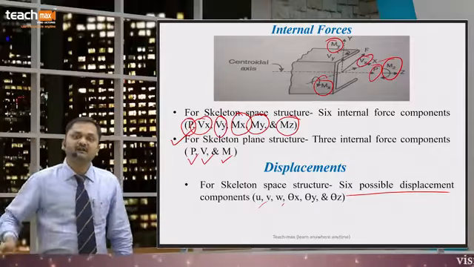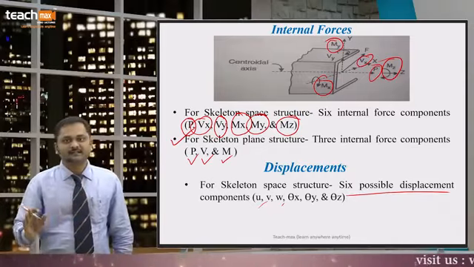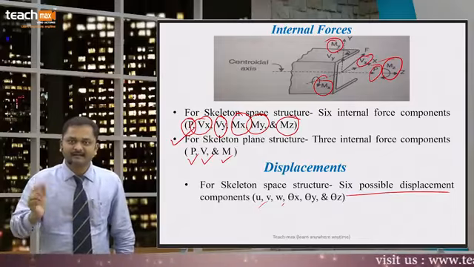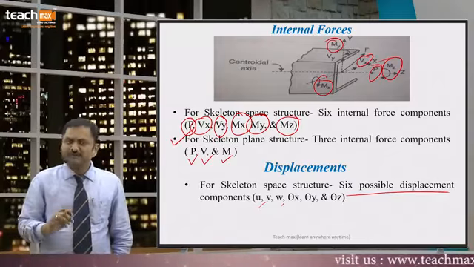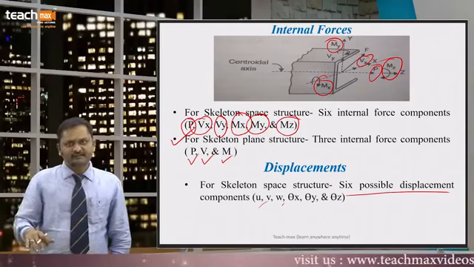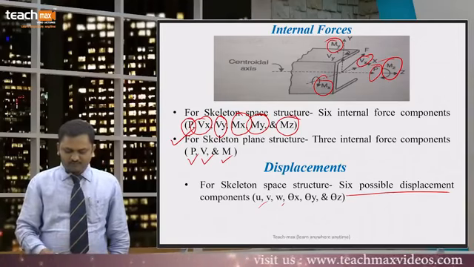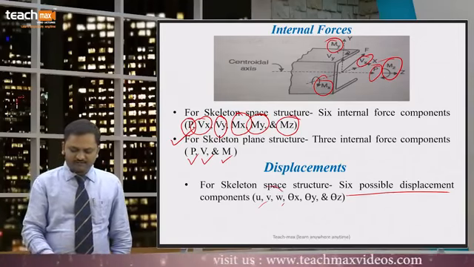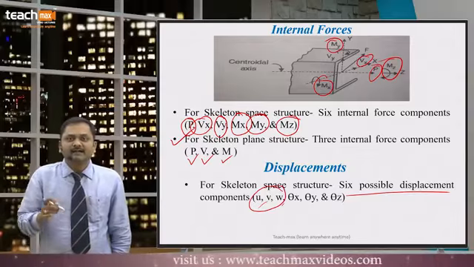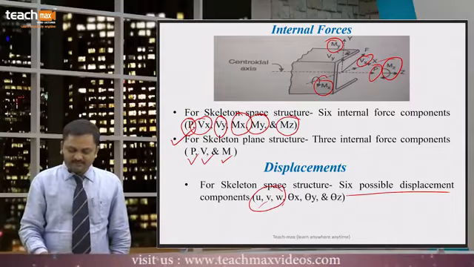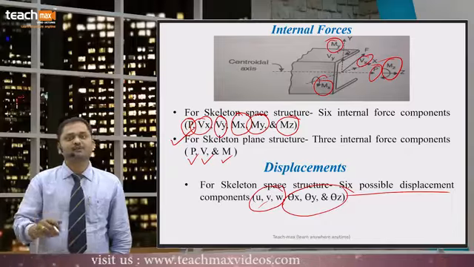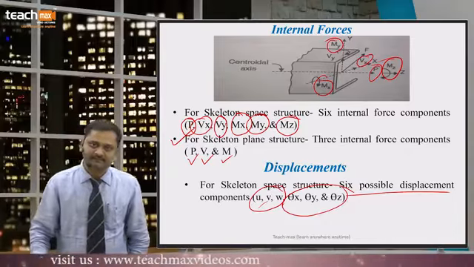So U, V, W are the translations along the x, y and z directions. You can denote them by x, y, z also. So all these three are translations. Theta x, theta y, theta z are the rotations about the x, y and z axes respectively.